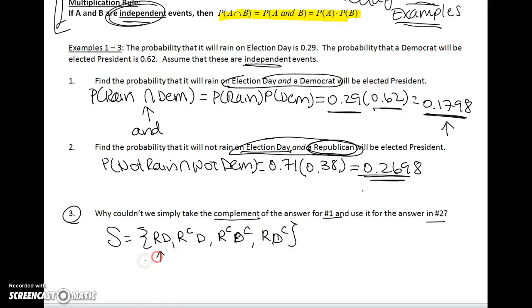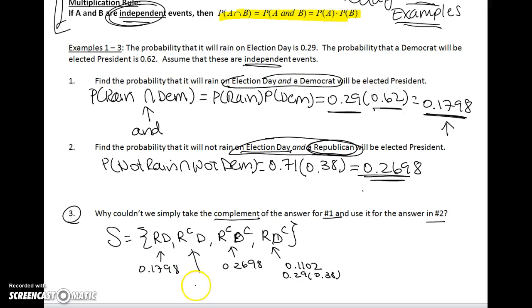So we did this one, which was 0.1798. And we did the third one, which was 0.2698. However, this one has a probability of 0.1102. So that comes from a rain day, which would be 0.29, and a Republican winning, which would be our 0.38.